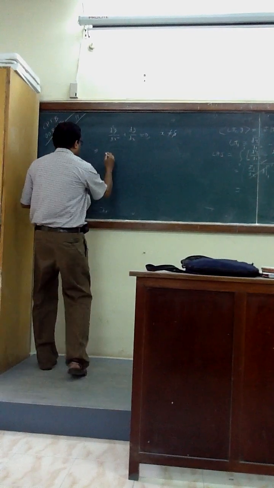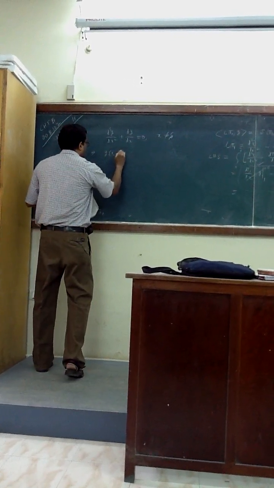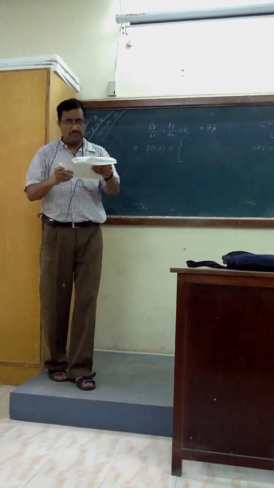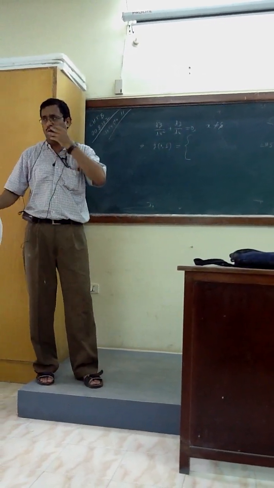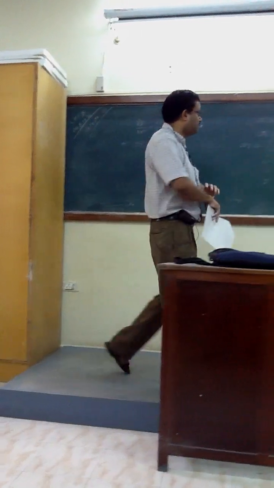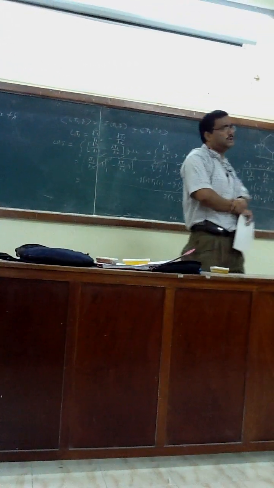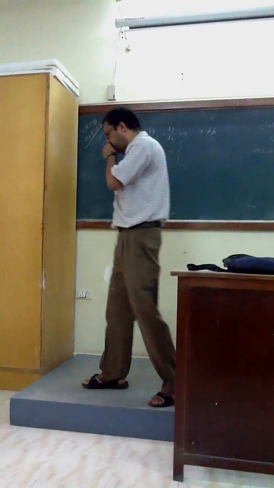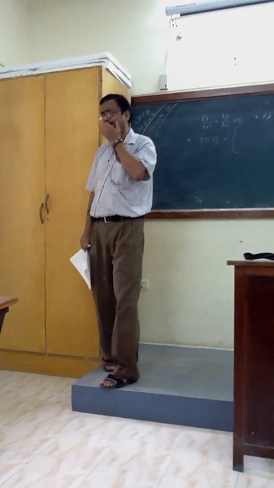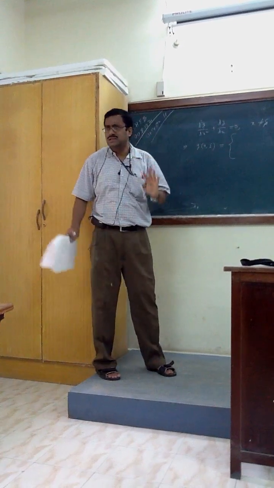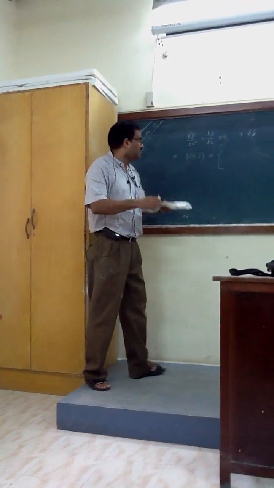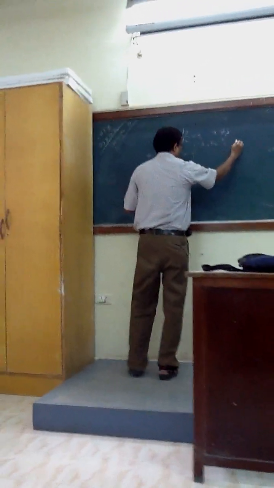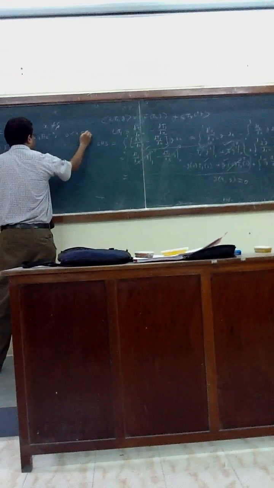Then what will be your G(x)? G equals A plus B e to the power minus x for 0 less than x less than z, right?